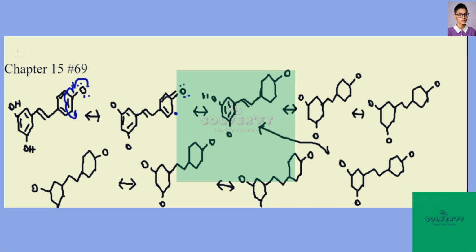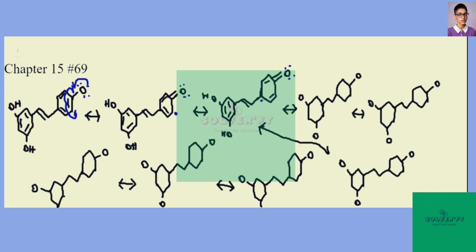Oh, and I suppose I should draw the H's. I left H's off of these O's because eventually we're going to be seeing the radical there as well. Okay, so our next resonance structure still has the double bond here, and then we have a double bond here and here, and now our free radical is on this carbon.